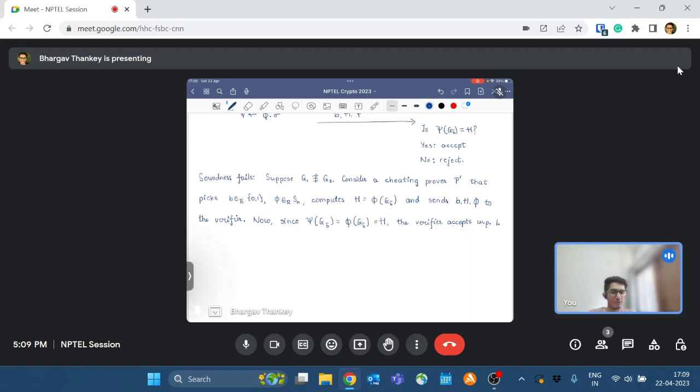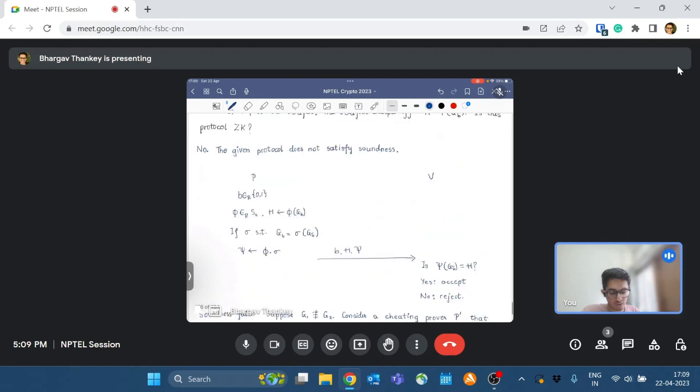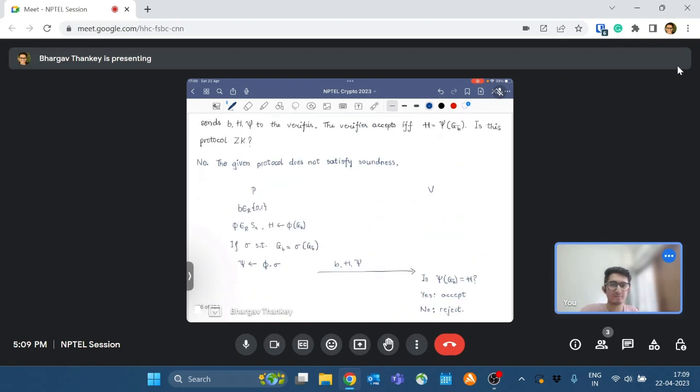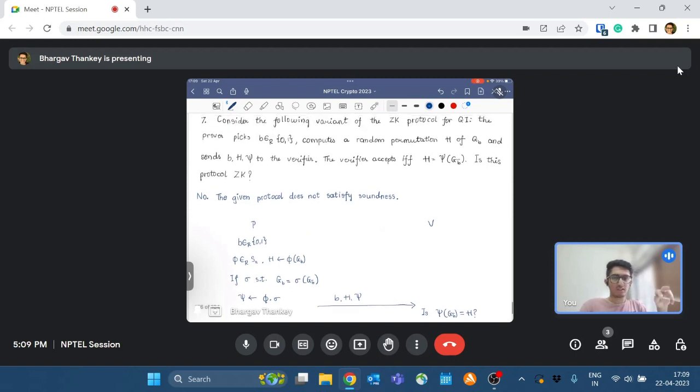And this violates the soundness property, right? So the soundness fails, and so this protocol is also not a valid zero knowledge protocol, because a valid zero knowledge protocol must have completeness, soundness, and zero knowledge, all three properties. So both the protocols proposed in questions 6 and 7 are not zero knowledge.